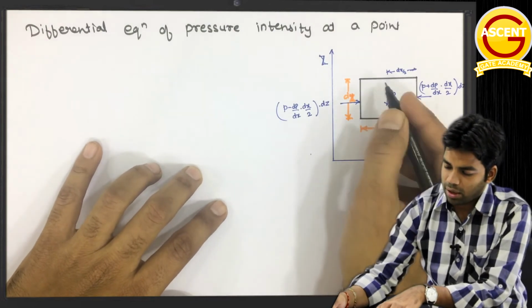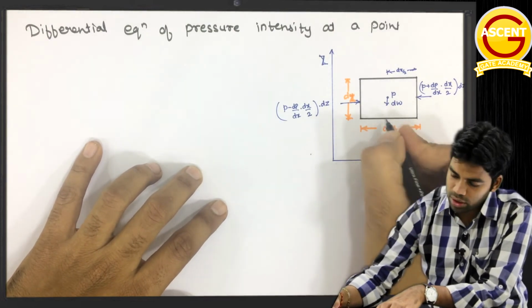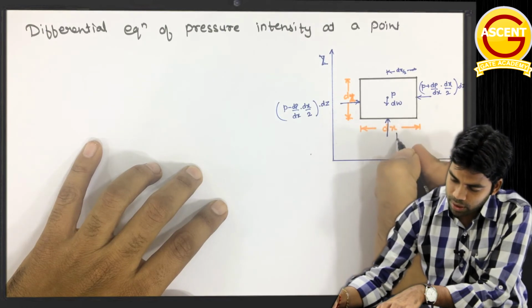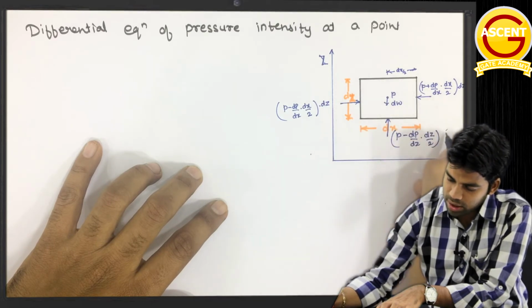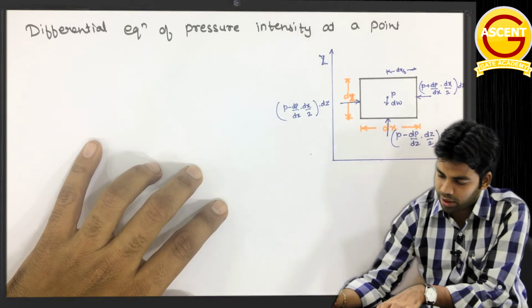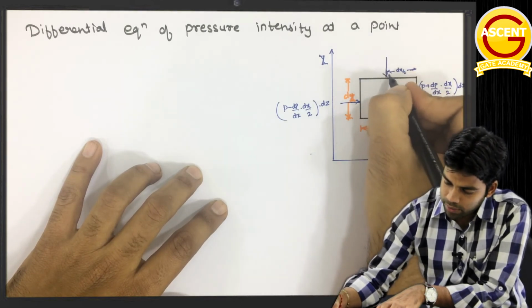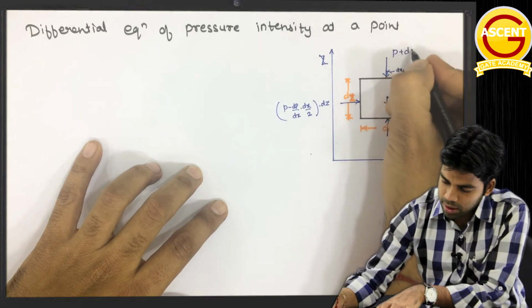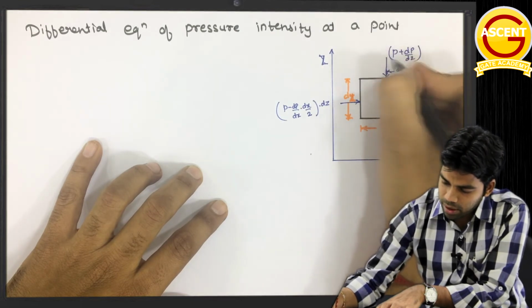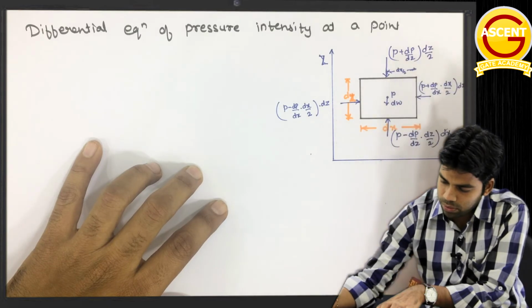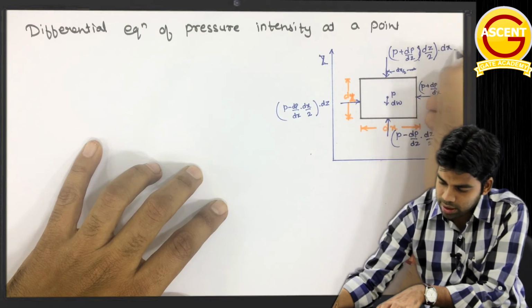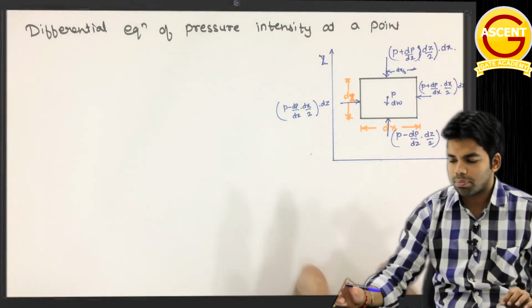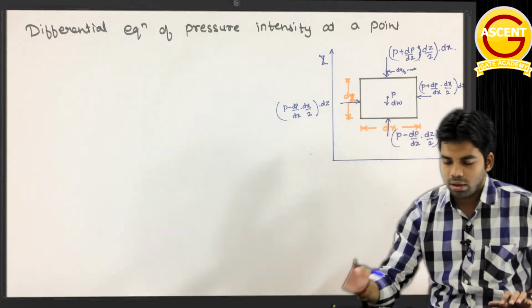Okay, now similarly with respect to the z axis this pressure is also changing, so here we have the pressure as P minus dp by dz into dz by 2, into the area dx into dy, dy is 1. Again here P plus dp by dz into dz by 2, into dx.